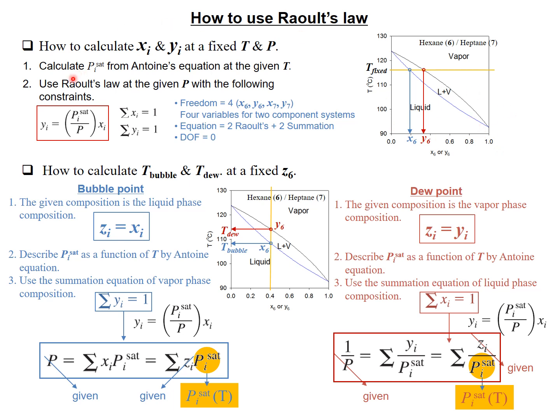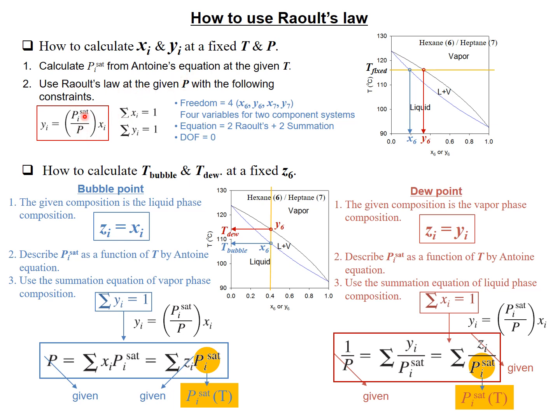So the first thing here is to calculate the saturation pressure of hexane and heptane from the Antoine equation at the given temperature. So we have real values for that, two values for hexane and heptane. Then you could use those values for Raoult's law.